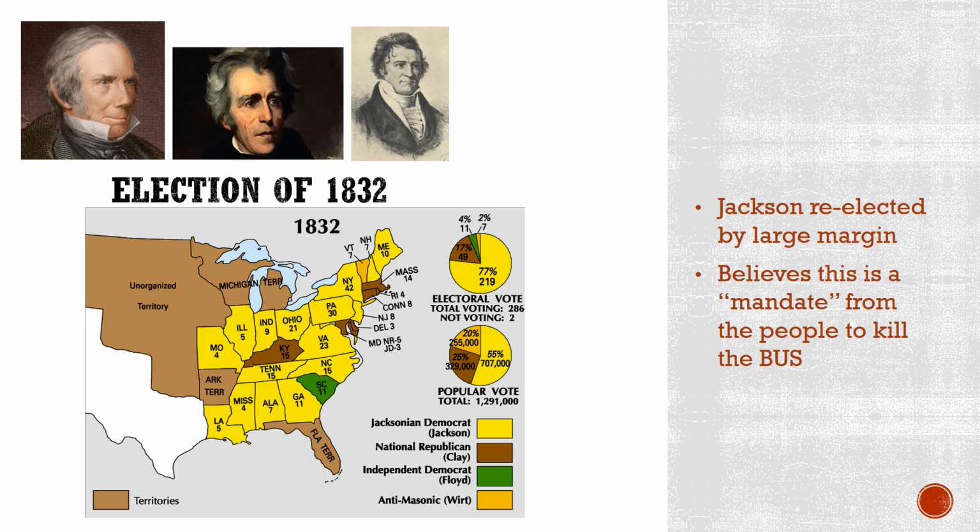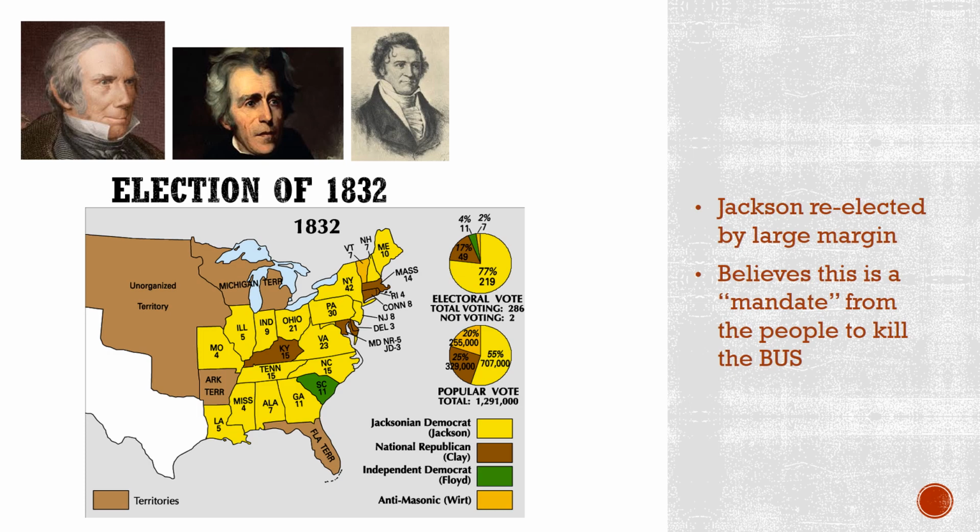So what happens in this election is that Andrew Jackson wins this election handily. Take a look at the map and the pie chart for the Electoral College vote. Jackson wins 77% of the Electoral College vote. That's a really healthy margin. So Andrew Jackson takes this as a sign that the people agree with him.